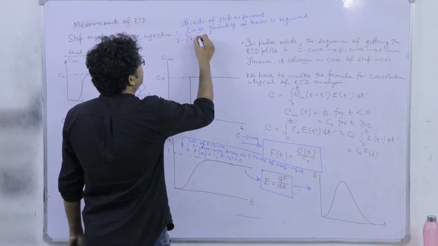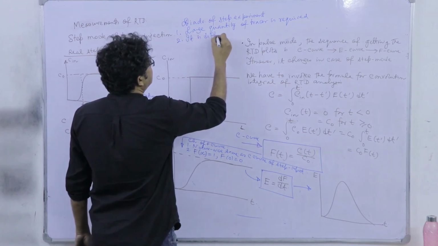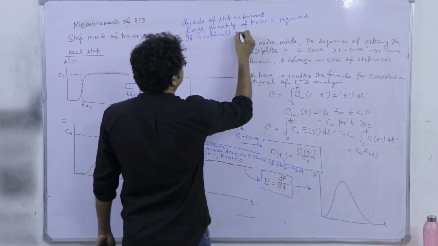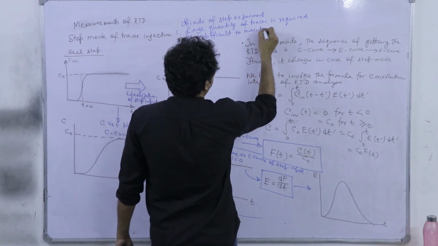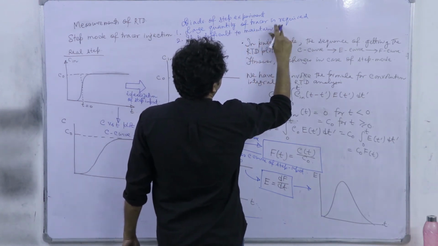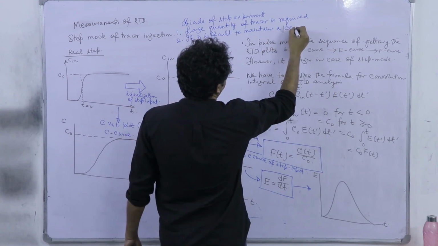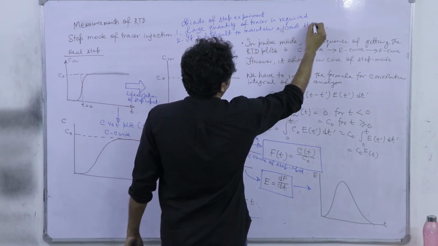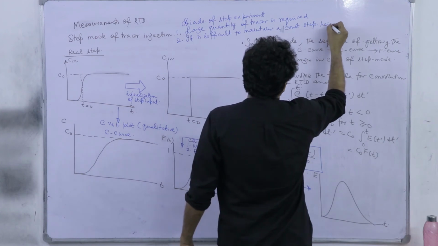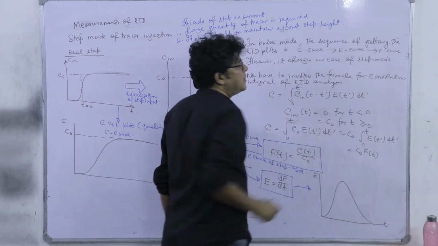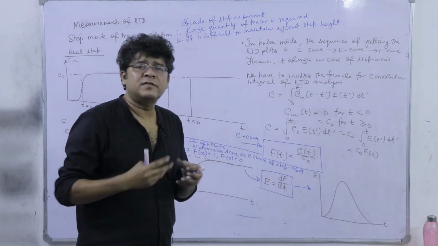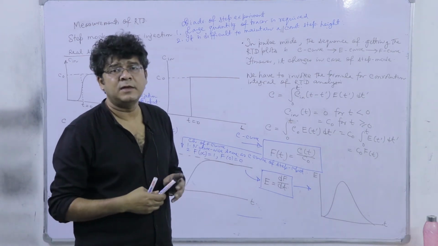Second, it is difficult to maintain a constant step height. What may be the problem? You are delivering the tracer by means of a peristaltic pump maybe, right?